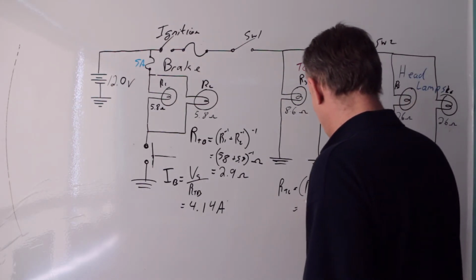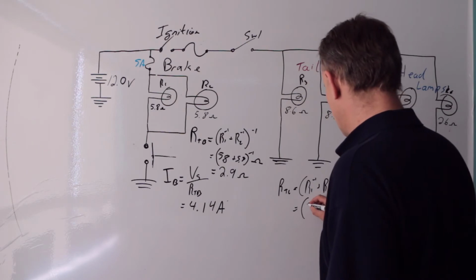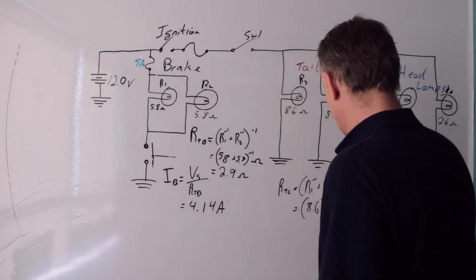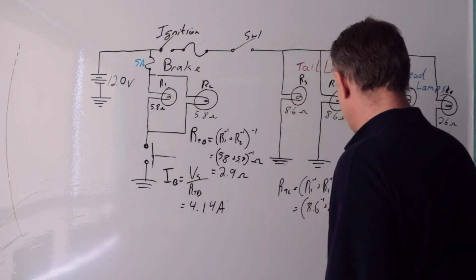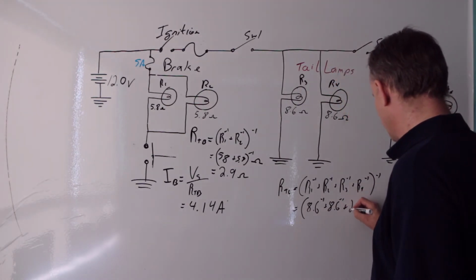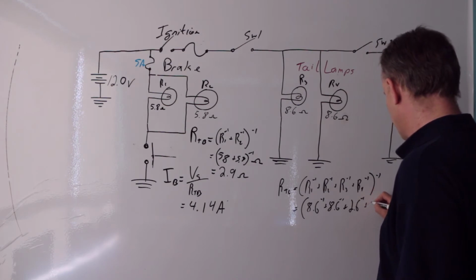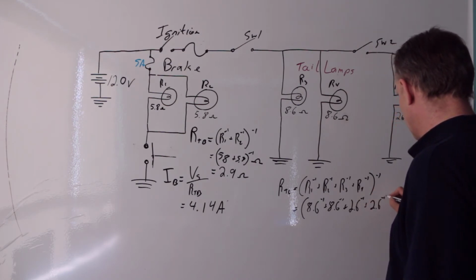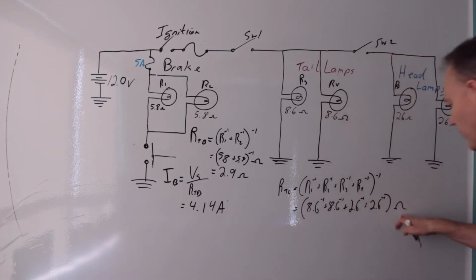Okay, good. I'm going to put my values in here. So that's 8.6 to the negative 1 plus 8.6 to the negative 1 plus 2.6 to the negative 1 plus 2.6 to the negative 1 bracket ohms. I'm going to put my unit in there.